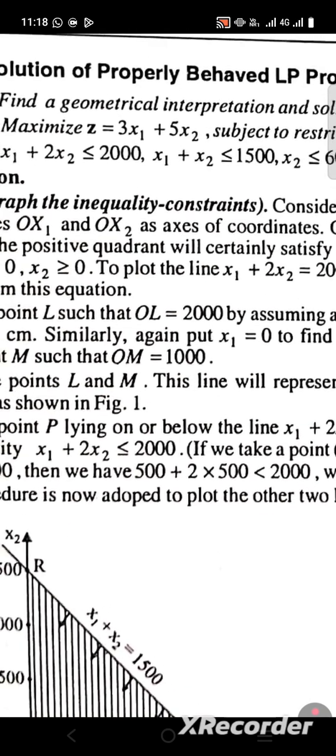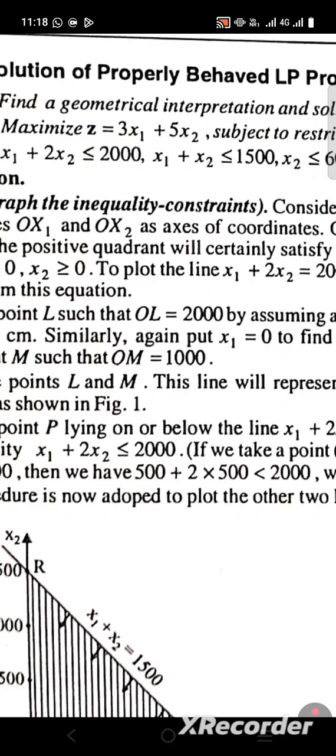The second constraint is x1 plus x2 less than or equal to 1500.